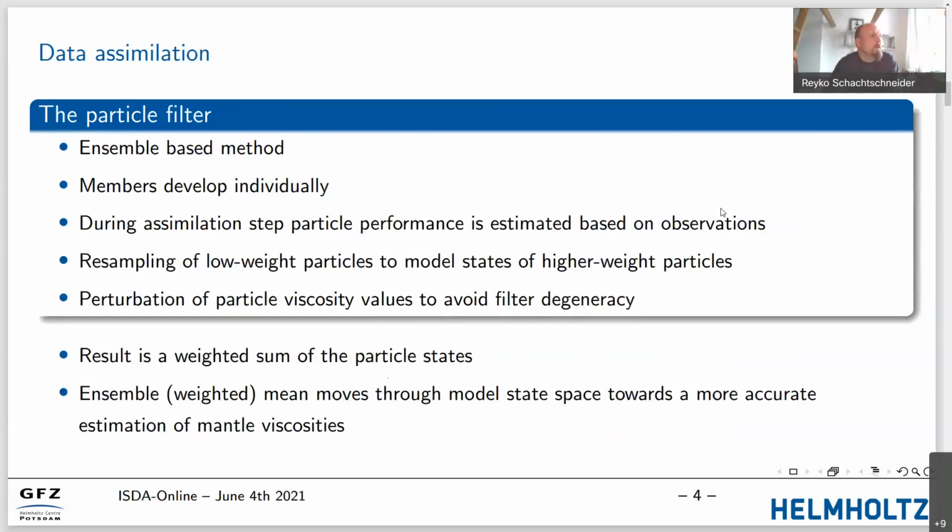Depending on those weights, low weight particles are resampled to model states of higher weight particles. Thereafter, the viscosity values of particles are perturbed in order, on the one hand, to avoid filter degeneracy, and on the other hand, to adapt the viscosity parameters where needed.